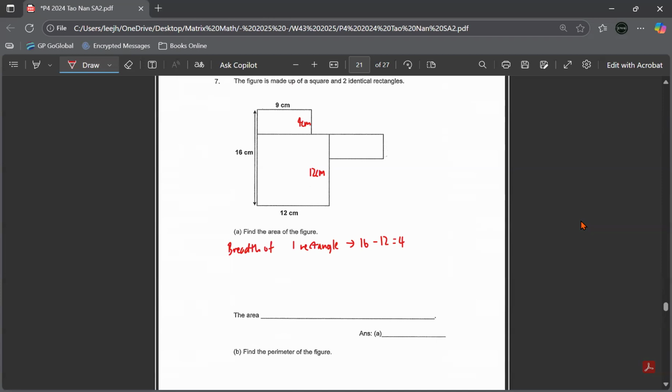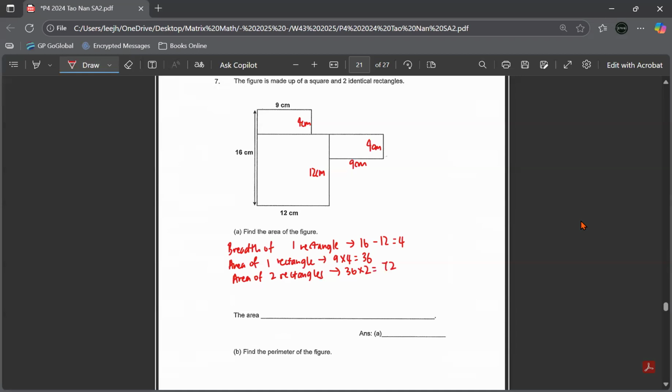So this is 9 cm, you know, right? And this is 4 cm. So you can actually find the area of one rectangle already. 9 times 4, 36. But there are two rectangles. So you have to take 36 times 2, 72.